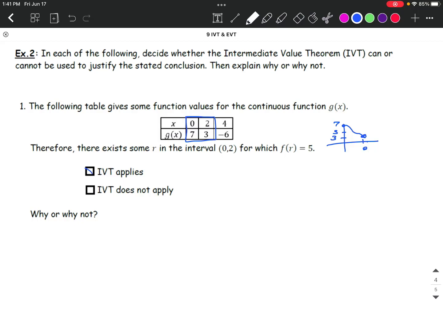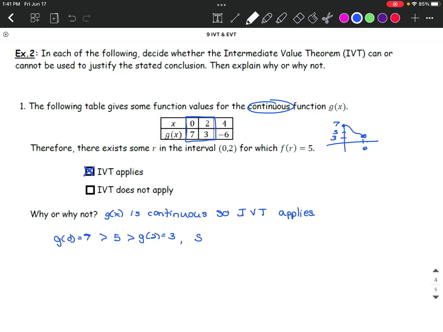Yes. Now, first thing you have to check is that it's continuous. So the first thing, why? g of x is continuous, so the intermediate value theorem applies. And g of 0, which is 7, is bigger than 5, which is bigger than g of 2, which was only 3.